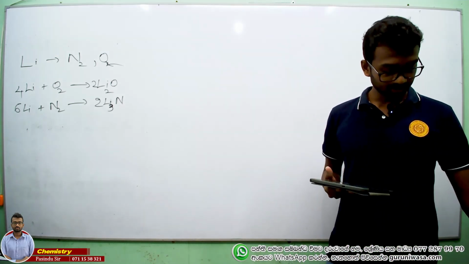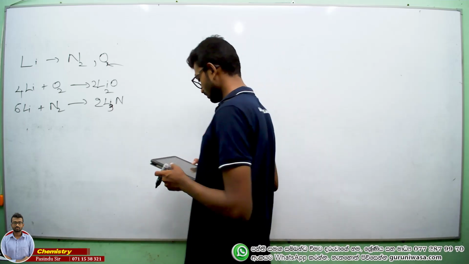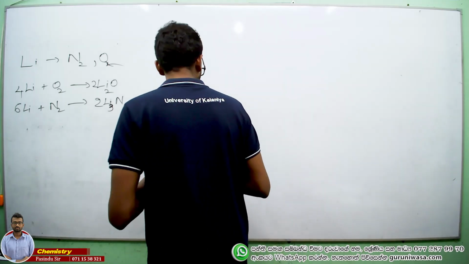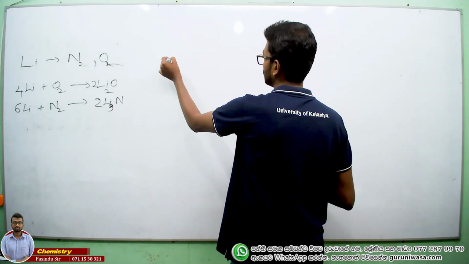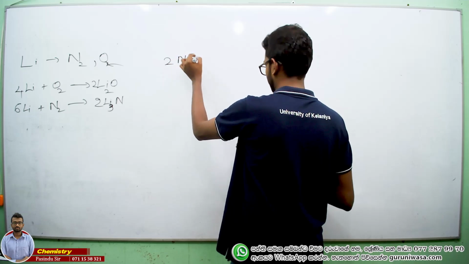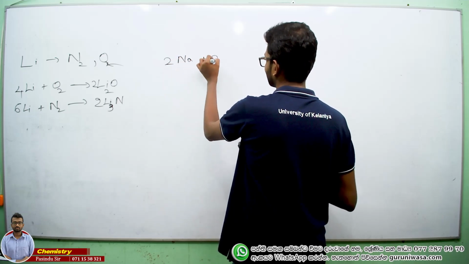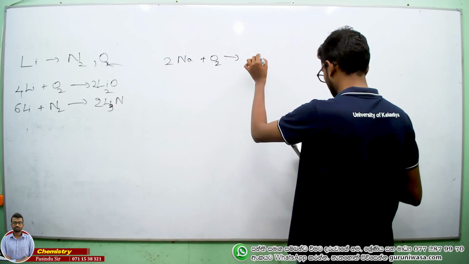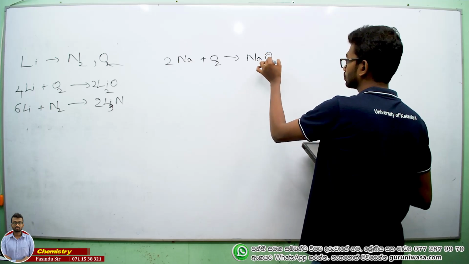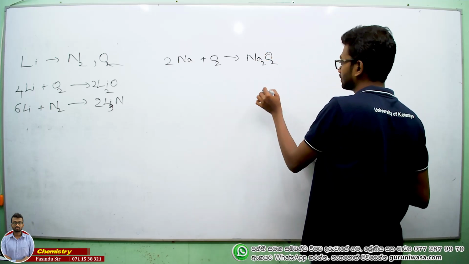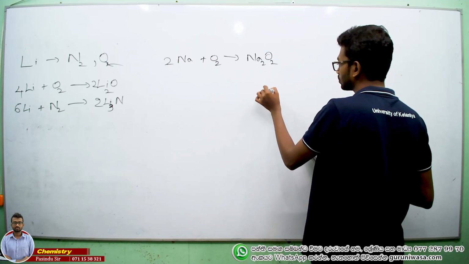This is the reaction. 2Na plus O2 forms Na2O2, right? This is peroxide, O2 2 minus.